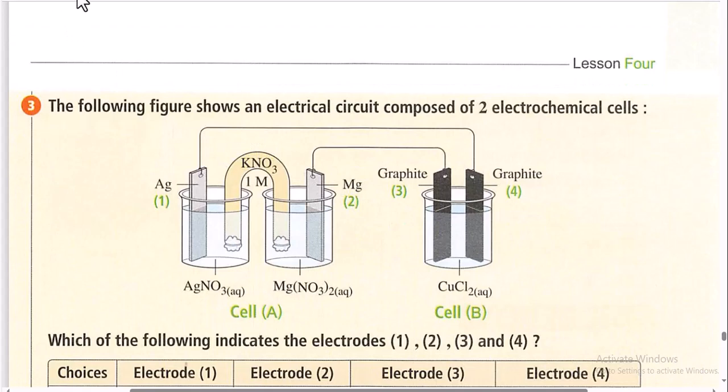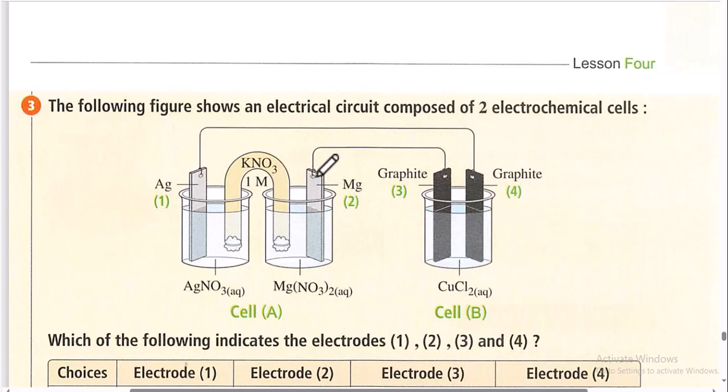The following figure shows an electrical circuit composed of 2 electrochemical cells. This is the first cell, and this is the second cell. By the way, the second cell is composed of 2 similar electrodes, graphite and graphite. So without speaking, it is an electrolytic cell.